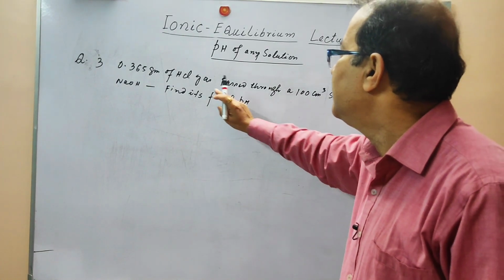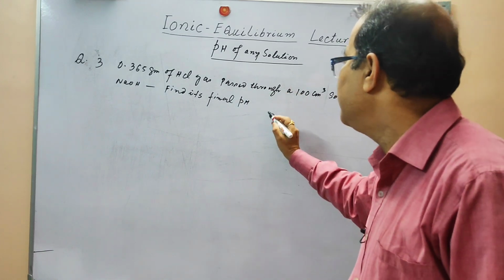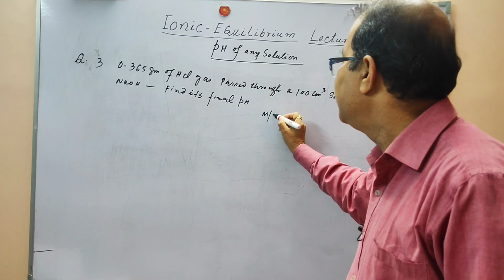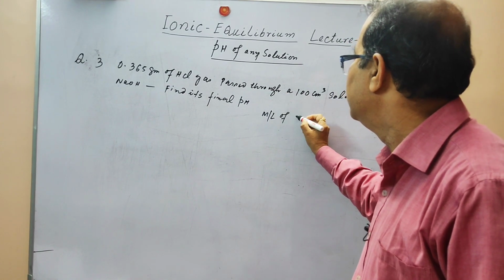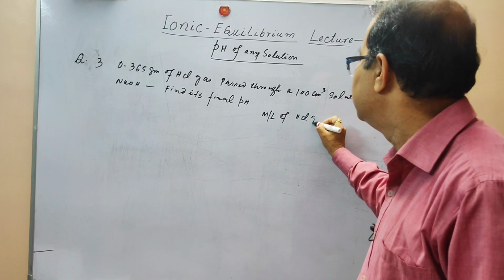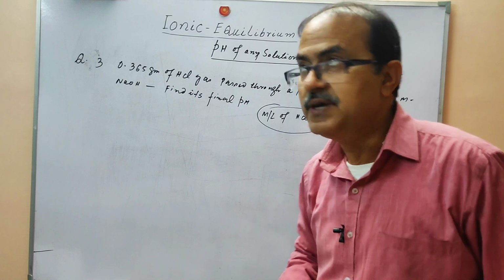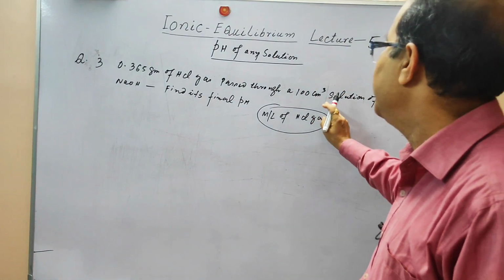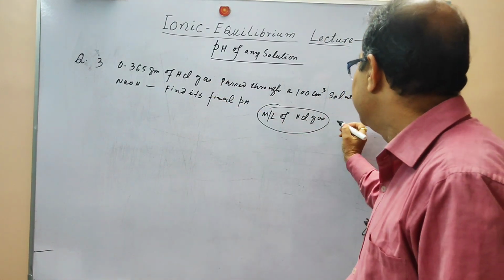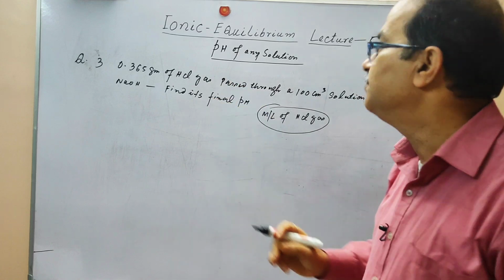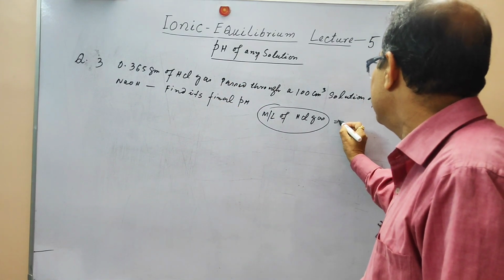So first you have to find out the moles per liter of HCl gas. From this data, we have the grams given, and from this you can calculate the moles.